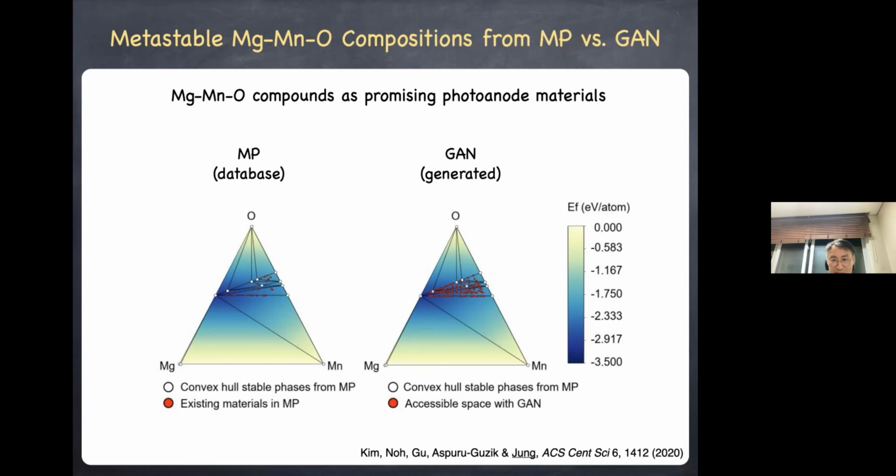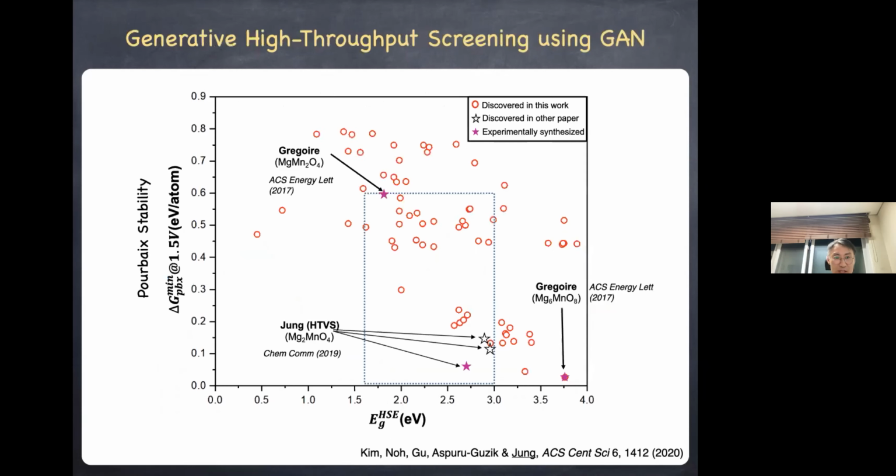You can clearly see that by using the GAN, you can fill up the hidden portion of the chemical space between the known structures. So by using a GAN, you can explore the hidden chemical space, hopefully efficiently. We chose this system because some compositions of this compound space are already known to be active as photoanode material.